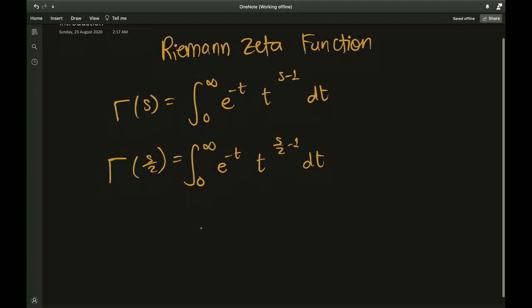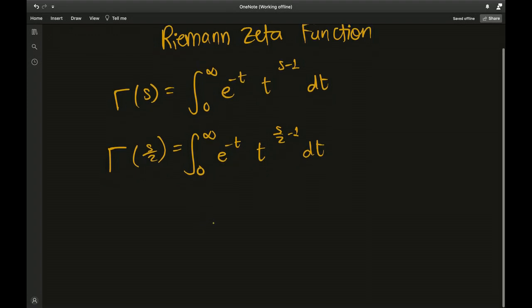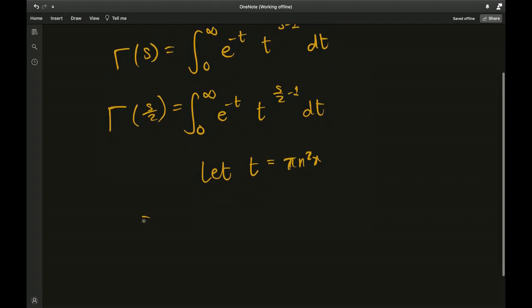Fair enough. Now you might not see this coming, but let t equal pi n squared x, and I'll explain in a minute why I'm doing this substitution when there was no need actually.